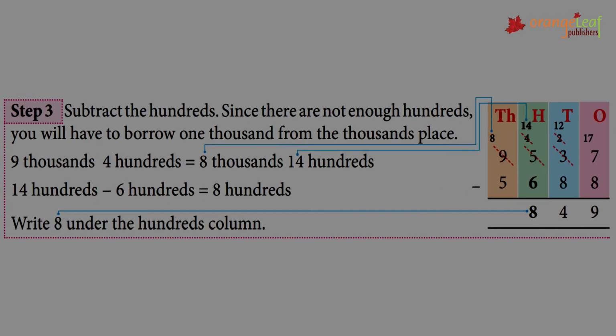Subtract the hundreds. But there are not enough hundreds in the hundreds place, therefore we would take 1 from the thousands place. So, 9 thousands 4 hundreds would become 8 thousands 14 hundreds. Therefore, 14 minus 6 is equal to 8. Therefore, 8 would come under the hundreds place.